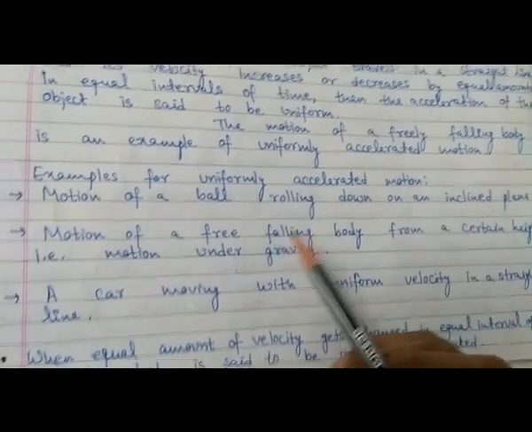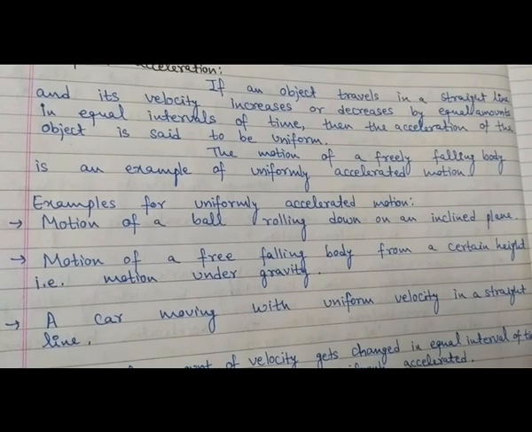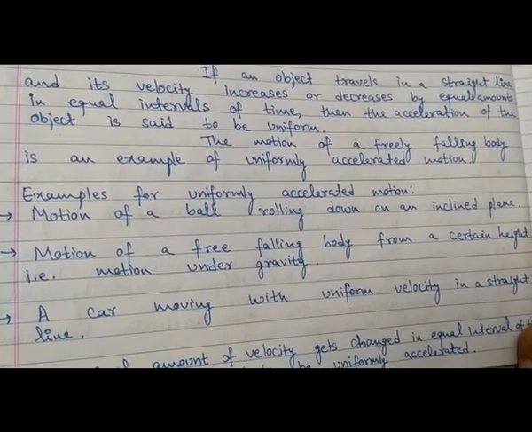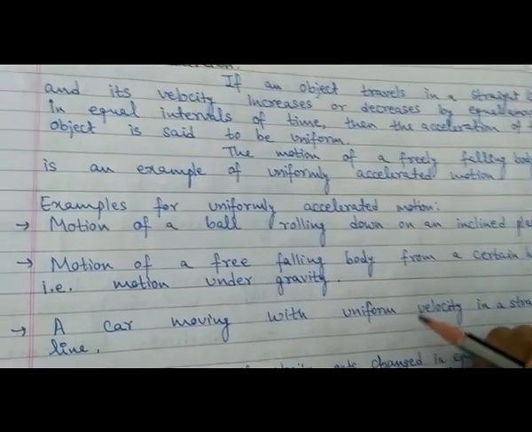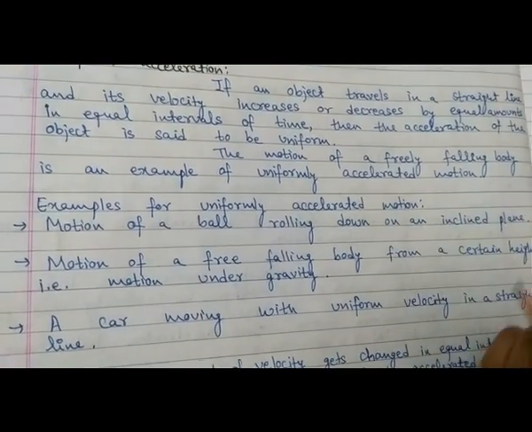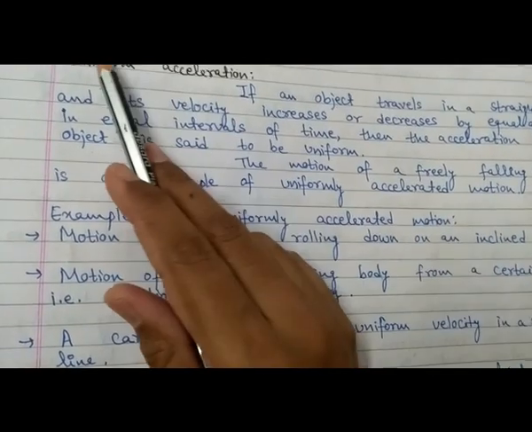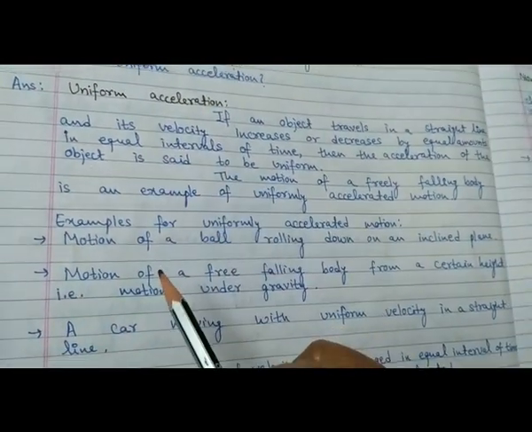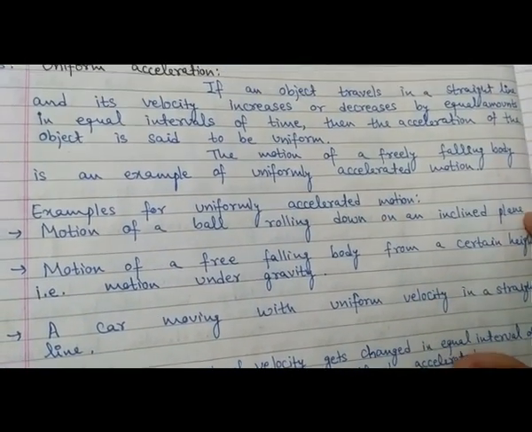Now, motion of a freely falling body is an example of uniformly accelerated motion. That means when a body falls freely onto the ground, that is an example of uniform acceleration, right? Now, examples of uniformly accelerated motion.